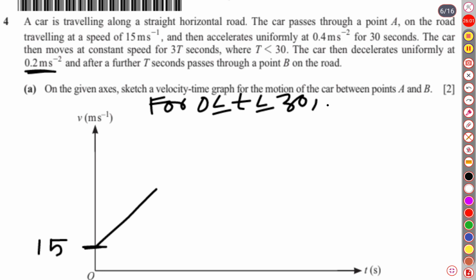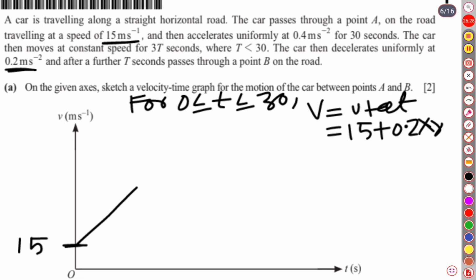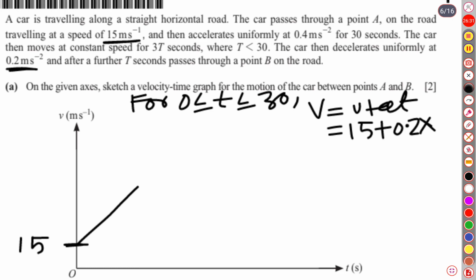The final velocity is v equals u plus a t. Initial velocity is 15 meter per second when it crosses A, plus acceleration, and it travels at this rate for 30 seconds.